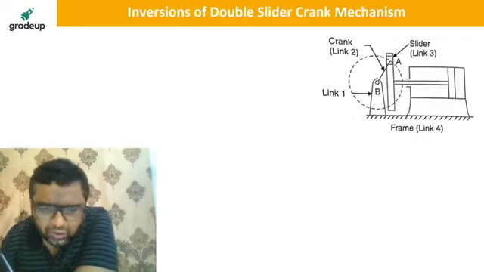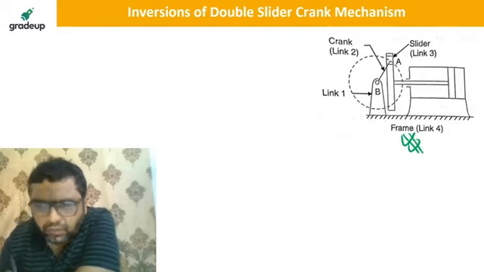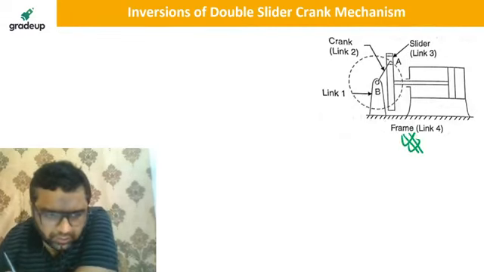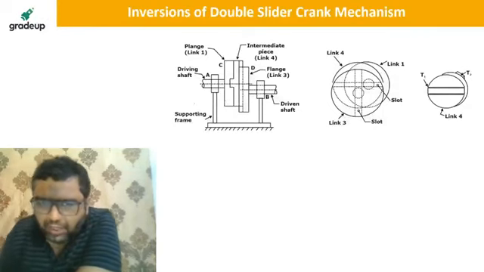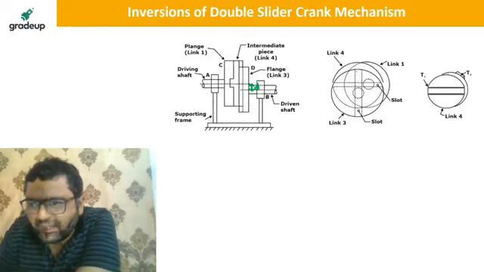If you want to see the Scotch yoke mechanism, this is the Scotch yoke mechanism. The line diagram for Oldham coupling is this one. Okay, this is Oldham coupling. You can see the distance is D. And you can see how Oldham coupling is working. One is a lateral slot, one is a vertical slot.